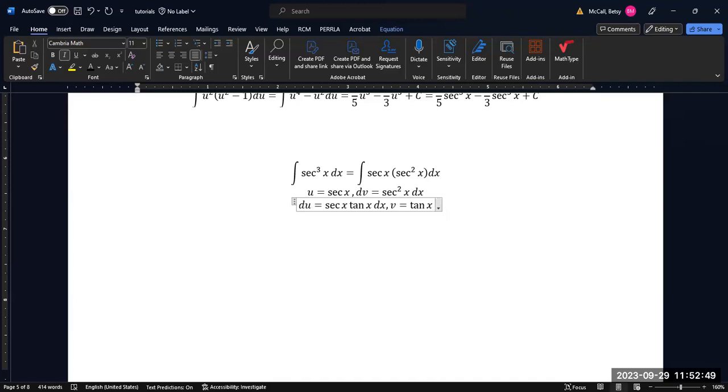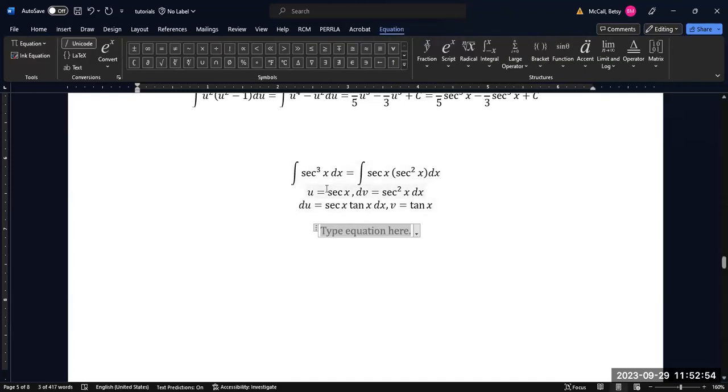Applying integration by parts, we have u and v. So secant x tangent x minus the integral of v du. So secant x and then another tangent x will make this tangent squared.